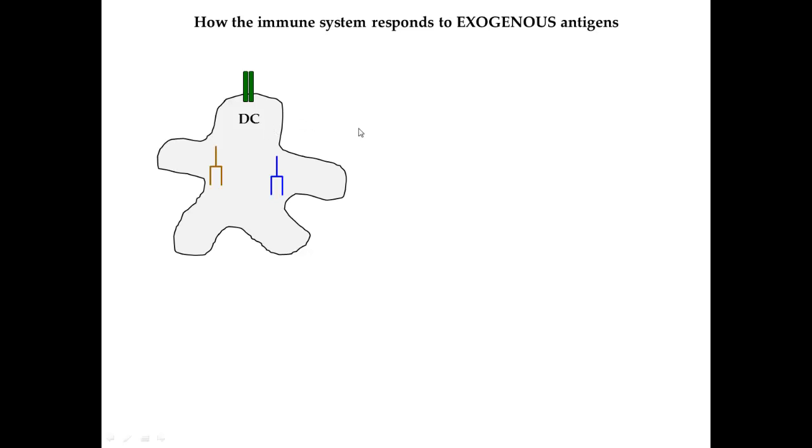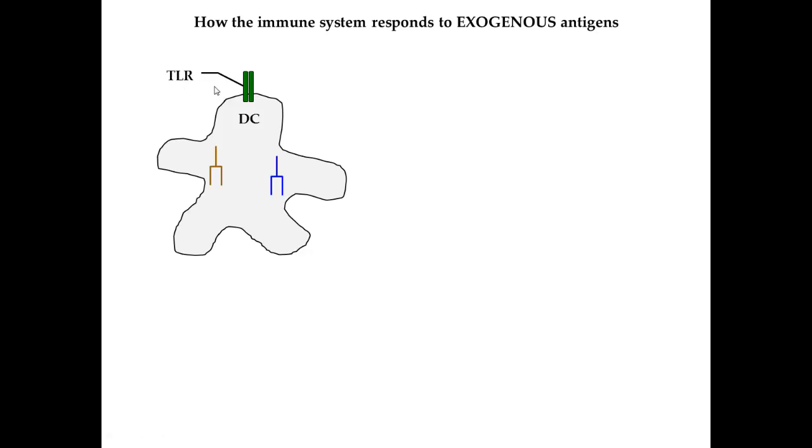And they're kind of patrolling through, sampling the environment, and just making sure that everything's okay. Dendritic cells are outfitted with a receptor called a toll-like receptor. And we learned about toll-like receptors when we talked about the innate immune response. So toll-like receptors help dendritic cells to recognize foreign molecules.